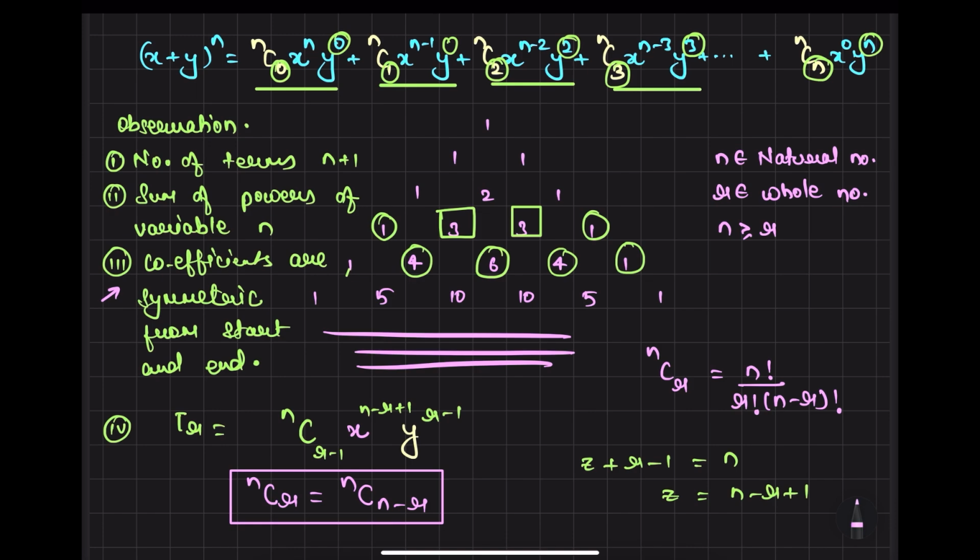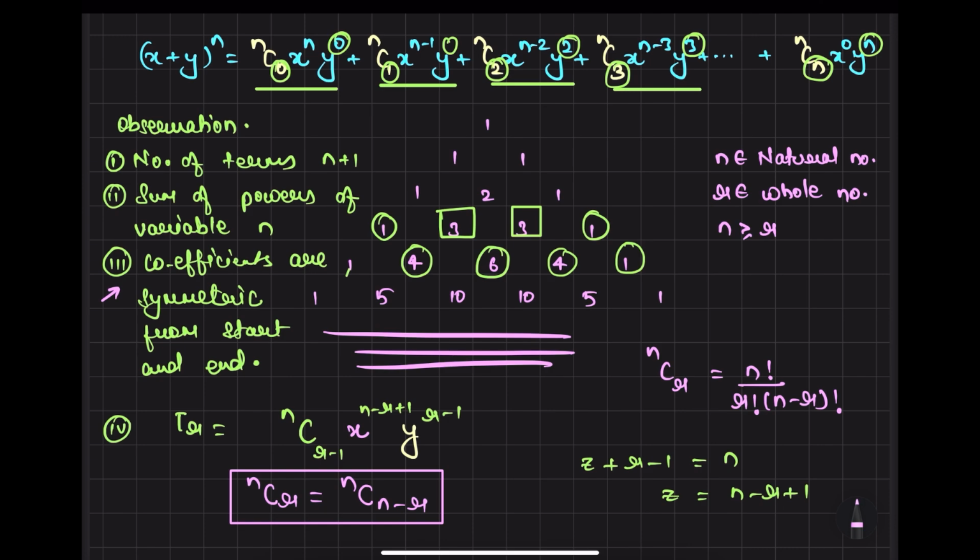So these results you have to digest. I hope the idea is clear. So what we have studied: the number of terms will be 1 greater than the power. Sum of powers of the variable will be n. The coefficients will be symmetric from the start and the end. And we have studied about the rth term.